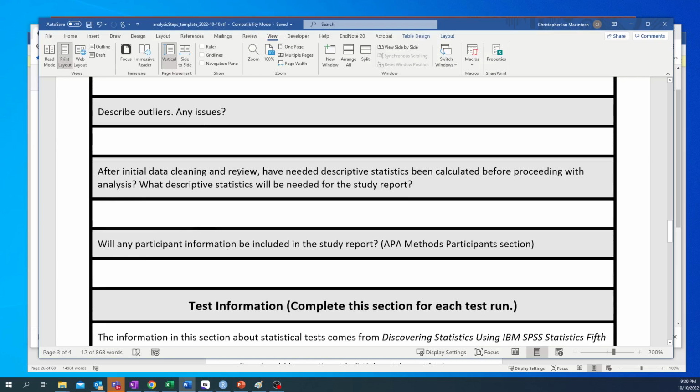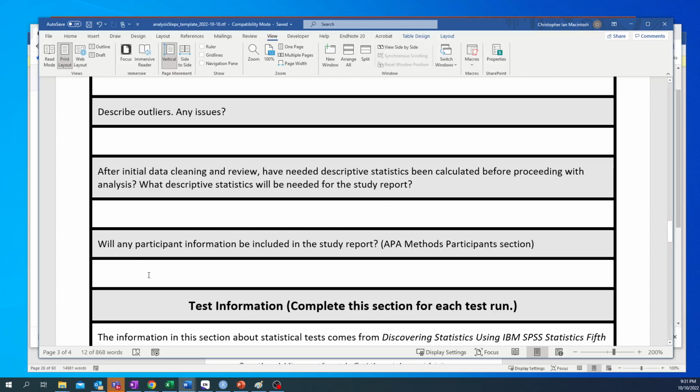And after initial data cleaning and review, have needed descriptive statistics been calculated before proceeding with analysis? What descriptive statistics will be needed for a study report? Often you're going to need to describe continuous variables with means and standard deviations, and categorical variables with counts and percents.